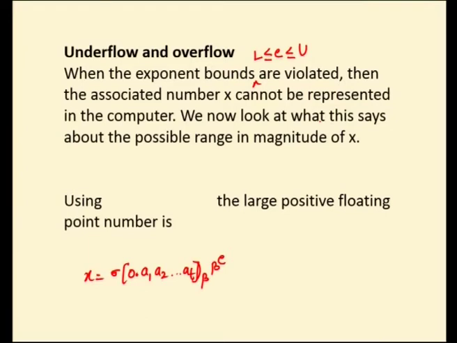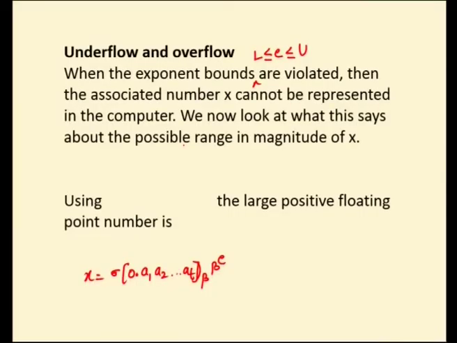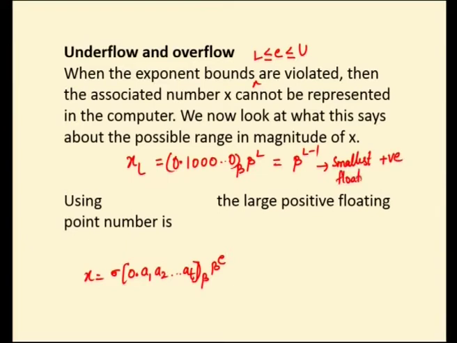Okay. We now look at what this says about the possible range of the magnitude of x. So first of all, xl is 0.1000 etc. 0 suffix beta, beta power l. Okay. This is actually beta to the power l minus 1. This is the smallest positive floating point number.